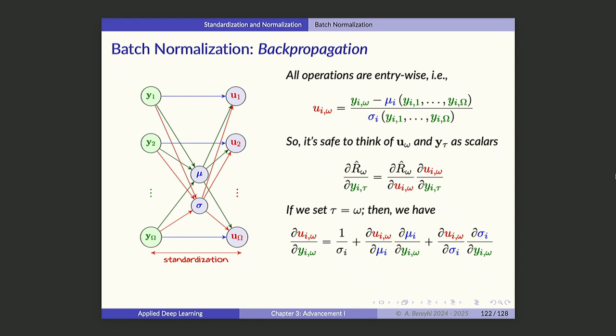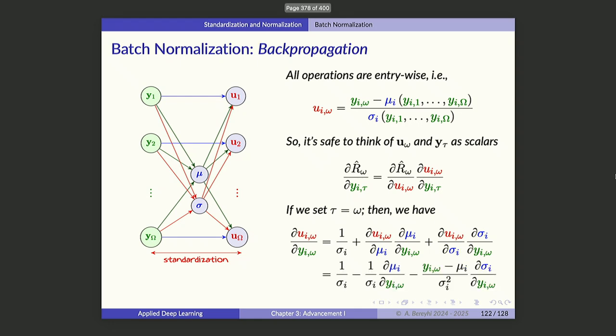Now, what is the derivative of u with respect to mu? Minus 1 over sigma, because mu is just a variable now. What is the derivative with respect to sigma? It's whatever you have in the numerator times minus 1 over sigma squared, because it's like some constant over sigma, and you take the derivative.